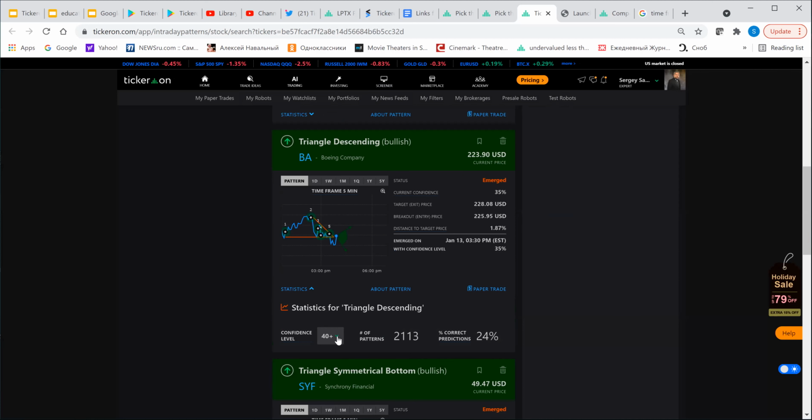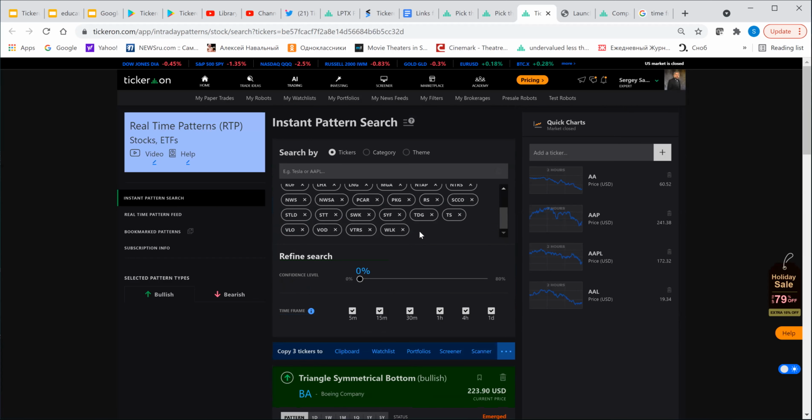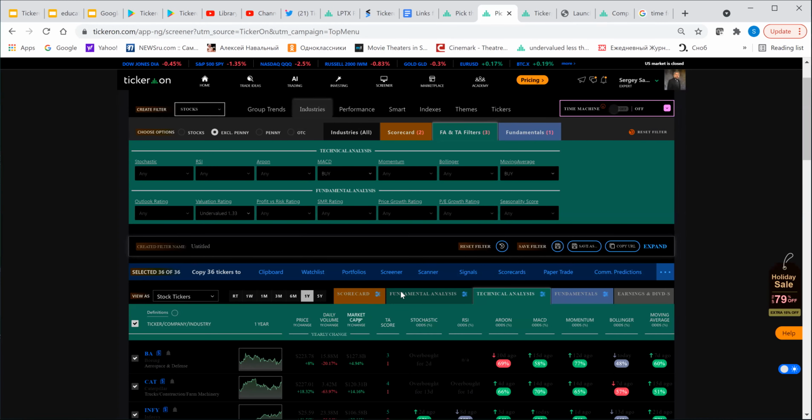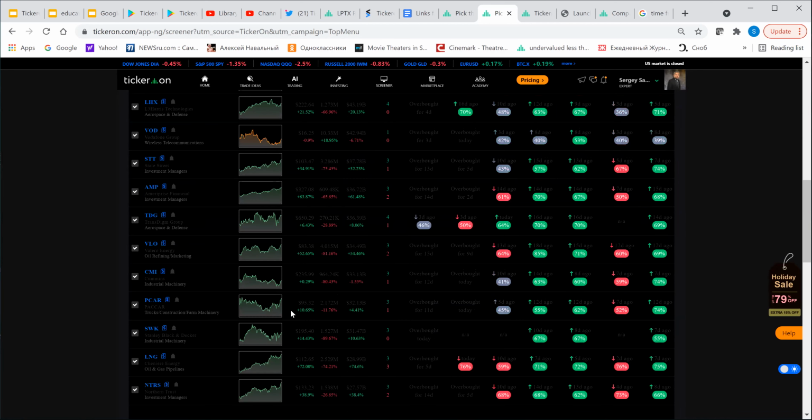It's right here. Let's say confidence level, wow, 70%, but it is not 70%, it's only 35. I'm looking at 40. Yeah, the statistic is kind of okay if you want to take risk, but I would not, right? But the point is that I moved the stocks out of this list I just created and watch for the day trading opportunities, okay?